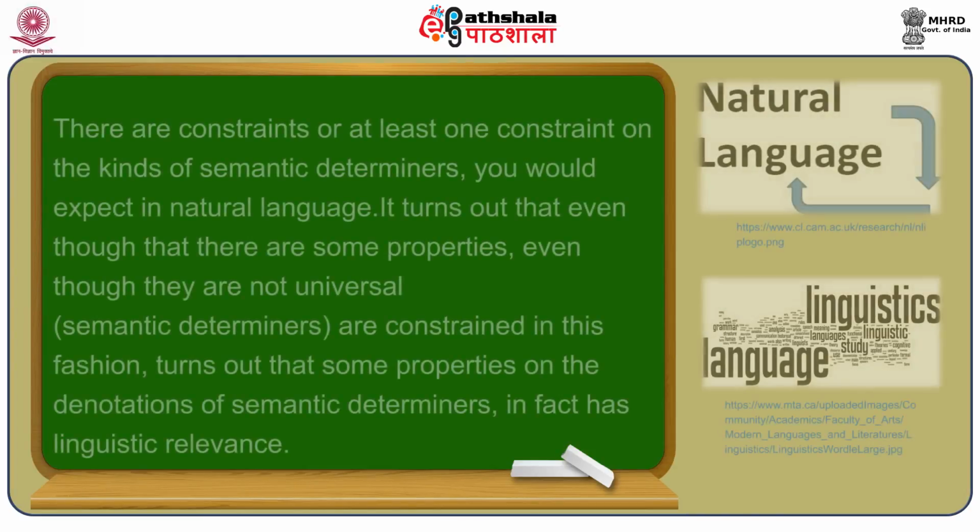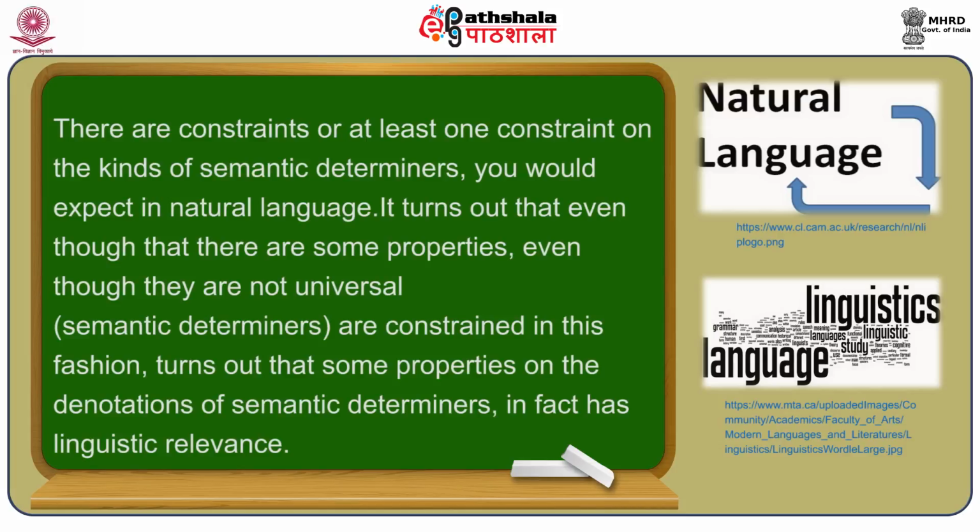Now, there have been some proposals in this direction. This comes from the work of many people, both logicians and linguists, who have in fact proposed that there is at least one constraint on the kinds of semantic determiners you would expect in natural language.